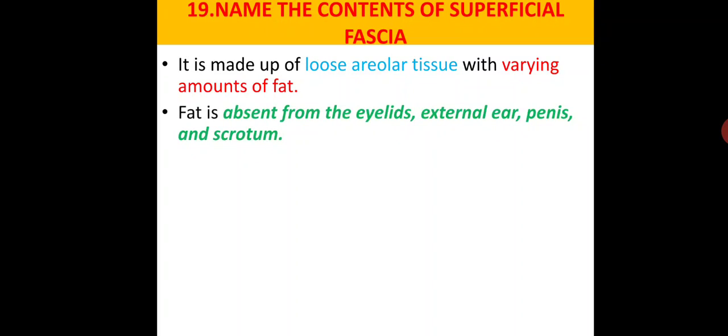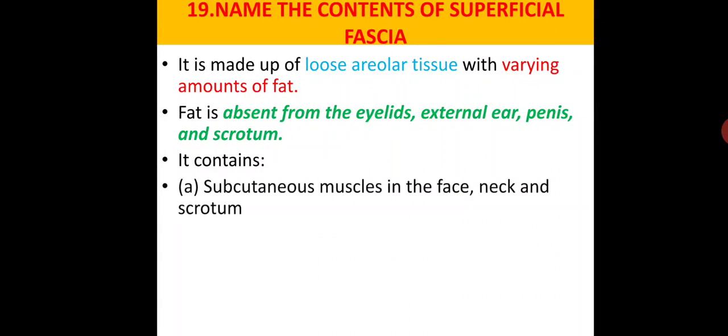Fat is absent in areas like the eyelids, external ear, penis and scrotum. The superficial fascia also contains subcutaneous muscles in the face, neck and scrotum. Usually muscles are present in the deep fascia, but in these areas the superficial fascia also contains muscles.